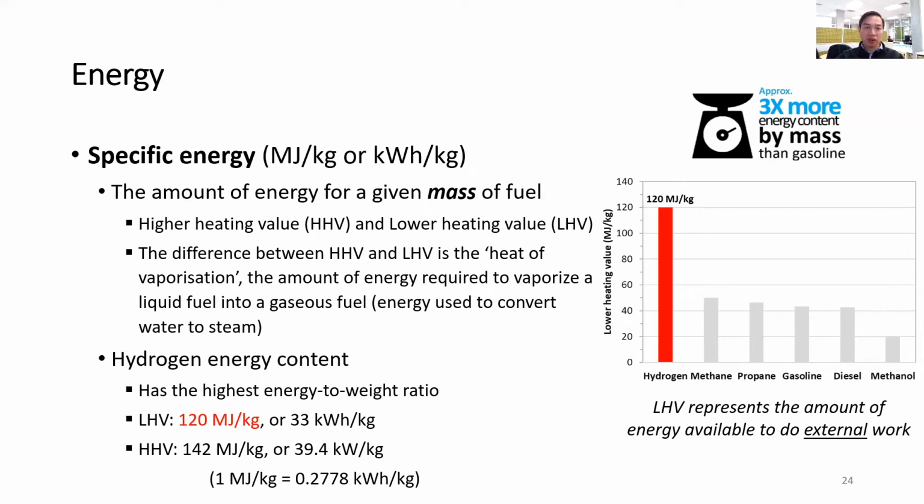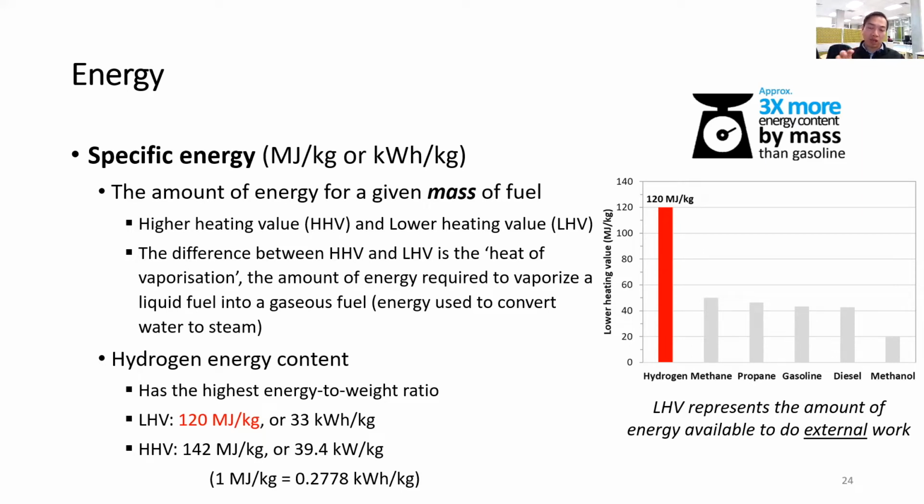Because of the two different heating values, on the graph on the right hand side, I'm just showing the lower heating value of hydrogen because it represents the amount of energy available to do external work, right? The reason is that when you react hydrogen with oxygen, either from a combustive reaction or from an electrochemical reaction within a fuel cell, the water result is normally going to be steam.